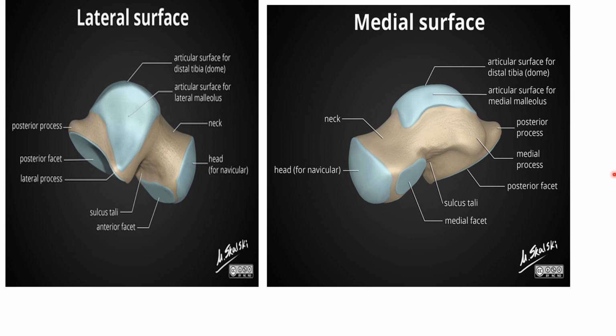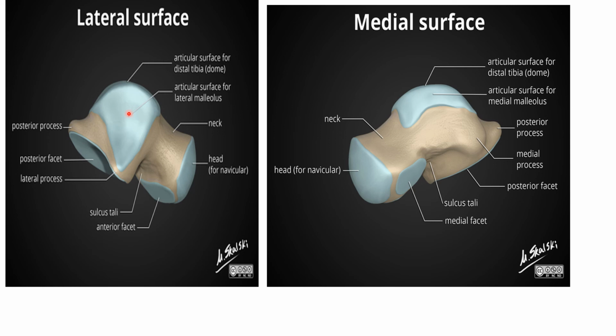The medial surface bears a comma-shaped facet that is broad anteriorly. This facet articulates with the medial malleolus of the tibia, whereas on the lateral surface, this facet articulates to the lateral malleolus of the fibula.